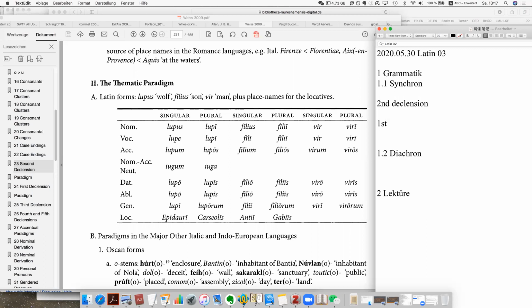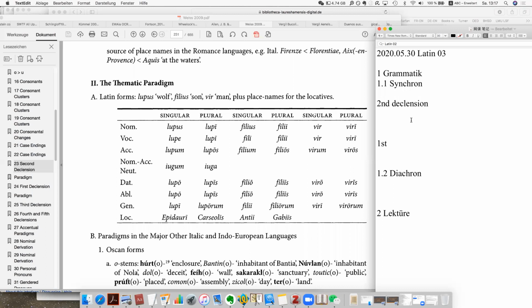So the second declension, this is an example of the second declension. The very famous word, wolf, lupus, and another also very famous one, Phidios. Yeah, I noticed that in Greek, it's also the second declension, so it must come from the Greek grammarians, I guess.